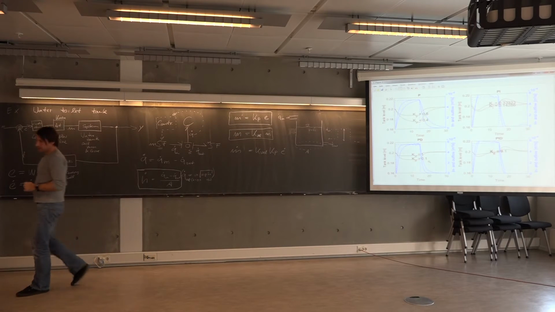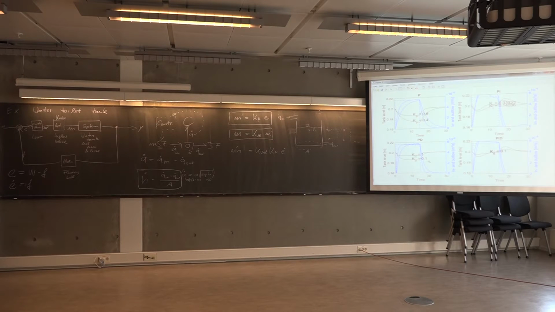The problem with this, or not problem, but the task with any control strategy and any controller implementation is to find the best set of numerical values for these constants, Kd, Ki, and Kp. As you can see from this slide, the particular numerical values have a very large effect on the way the controller responds and the speed and the final value of the variable you want to control.